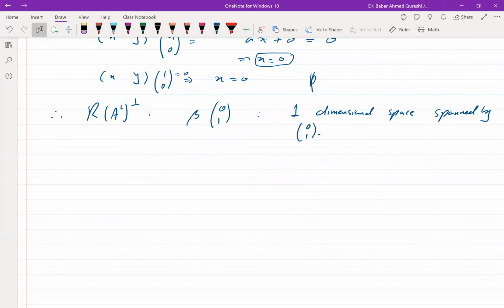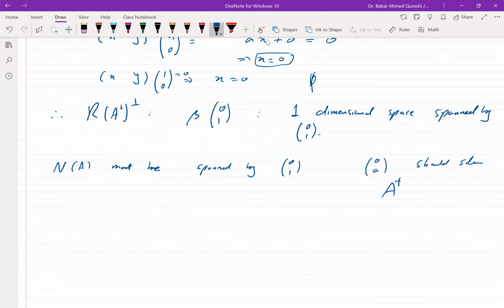And now I know from my theorem that the null space of A must be the same. So it must be spanned by 0, 1. That means vectors of this form should solve A of x is equal to 0.